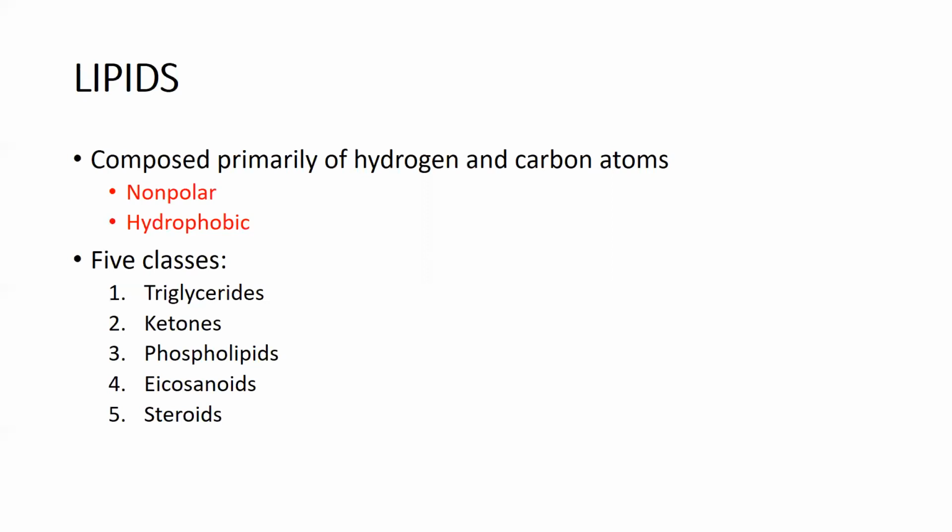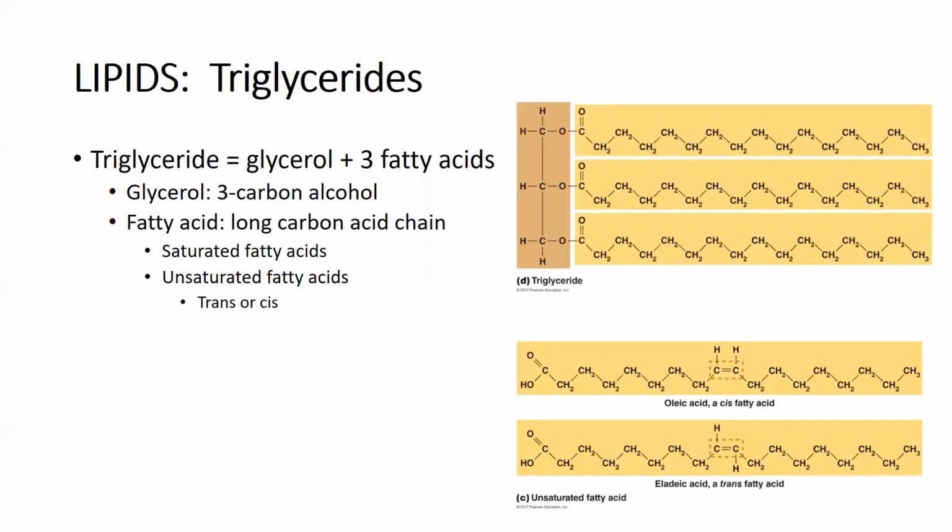And so lipids sort of stand alone in this regard. They don't play nicely with water. And so that becomes a conundrum in the body. Why? We have to move lipids around and the body's made mostly of water. So we're going to talk a lot about how lipids have to sort of act differently to move around the body because of this chemical makeup. Let's start by looking at triglycerides here.